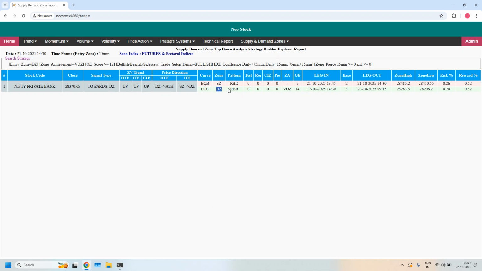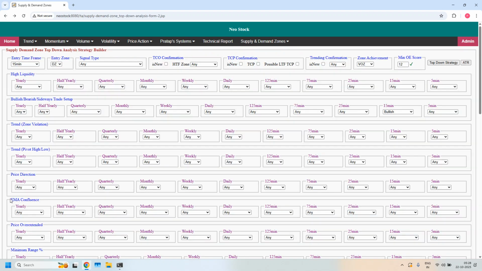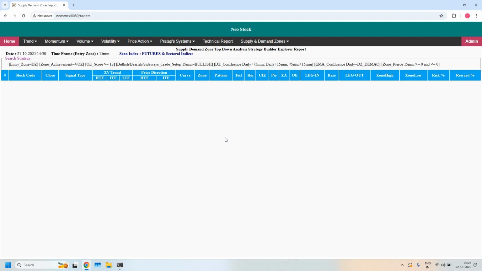This 15 minutes demand zone overlapped with 75, both together overlapped with daily demand zone, and daily trend HTF trend is up. Let's further filter EMA Confluence based on daily demand zone having daily EMA Confluence. No, it is not filtered. So this is bullish trade setup for daily income trade.